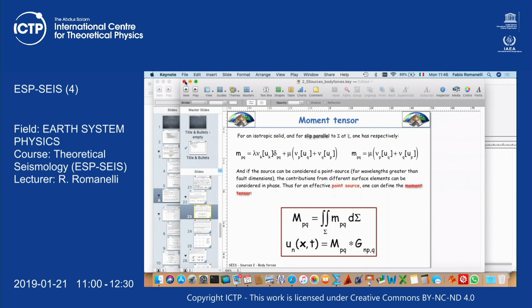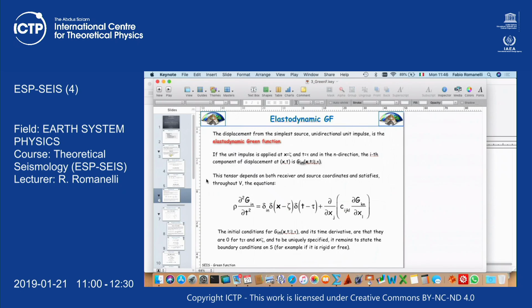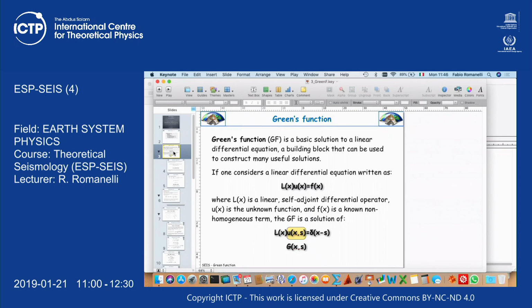Okay, now let's try to solve the problem of the elastodynamic Green's function. Here I will just reproduce the general view of the Green's function. You can invoke the Green's function every time that we have a linear system, or something that is described by a linear differential operator. Green's function is everywhere, from quantum mechanics to electrodynamics.